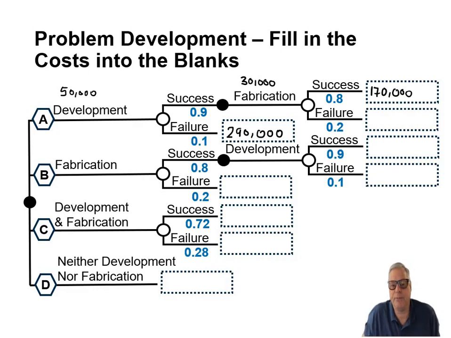Okay, but if the development process is successful, but the fabrication process fails, well then that's the worst case scenario, because then we invested already the $80,000 in vain, and now we have to buy the engine at $34 per unit. So that's 340 plus 80, that's 420,000.